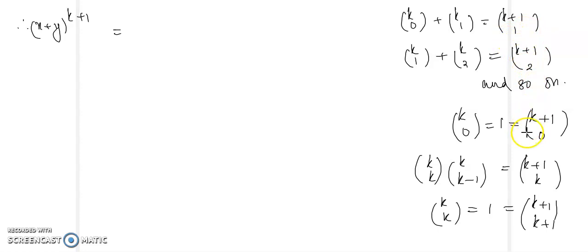So we now get all the coefficients in the form k plus 1 Cr.